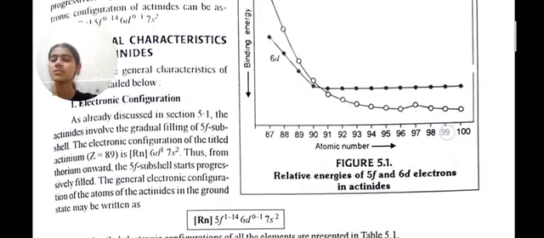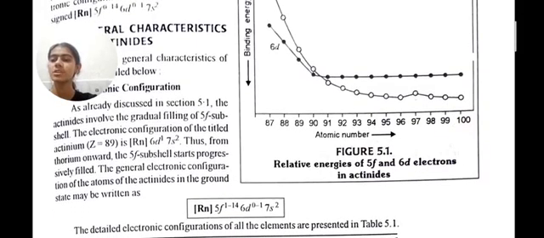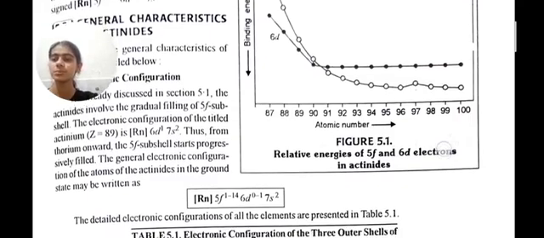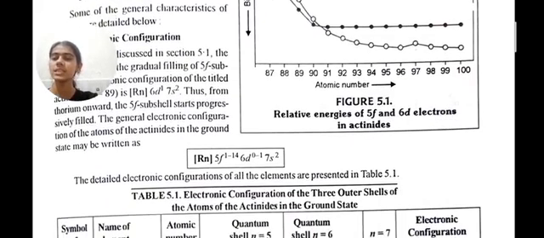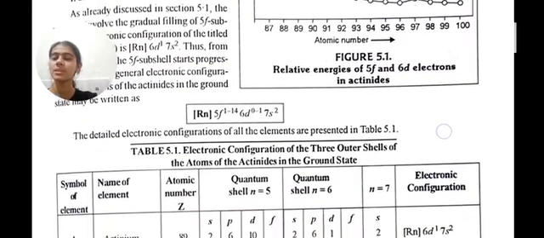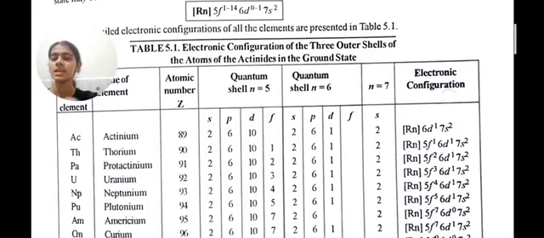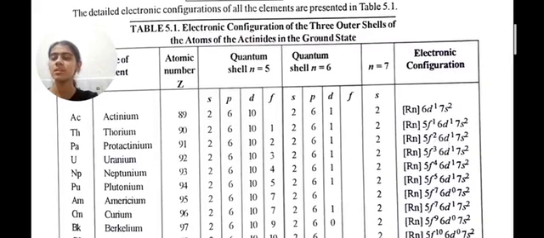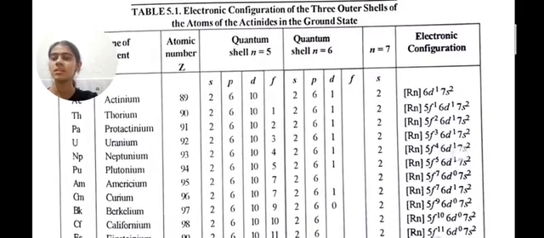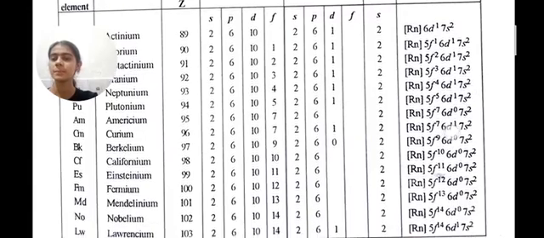The general electronic configuration of the atoms of actinides in the ground state may be written as radon 5f1 to 14, 6d0 to 1, 7s2. The detailed electronic configuration of all the elements we can see in the table. Let's have a look at the table of actinides.